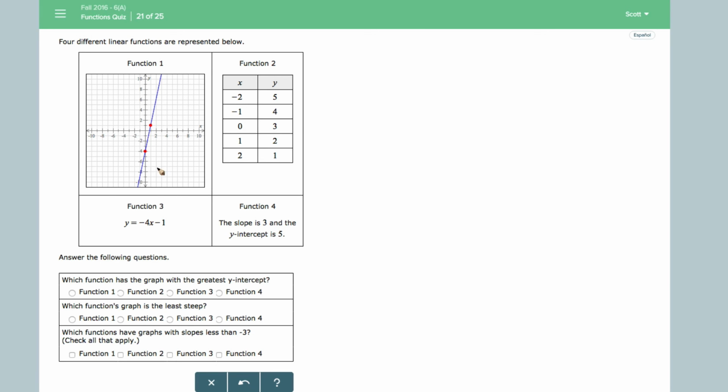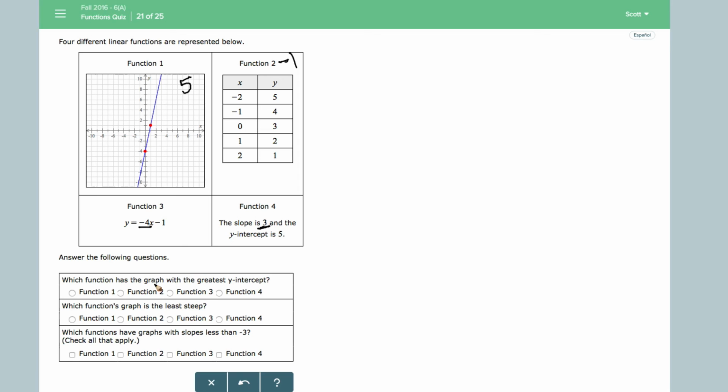Same question. Let's find our slope. We go up 1, 2, 3, 4, 5 over 1. So that's 5. Change in y, it's going down by 1 for every 1, so -1. This one is a -4, and this one is a 3.